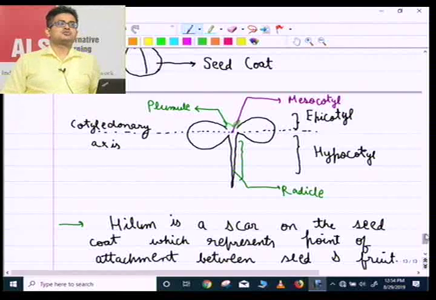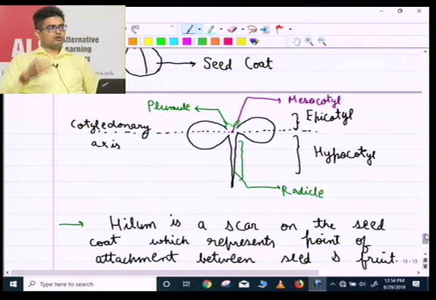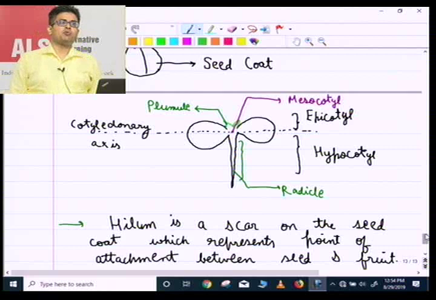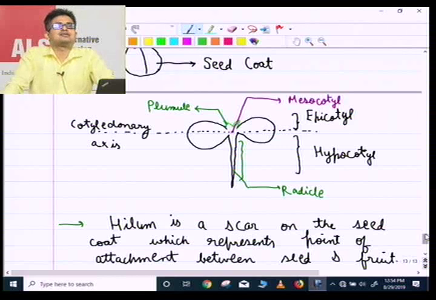Now let me ask you something. If I am talking about hilum, and hilum represents the point of attachment between mother plant and daughter plant, okay, so I am asking you this question, is there a scar mark on your body somewhere? Does anybody understand what I am trying to ask you here?